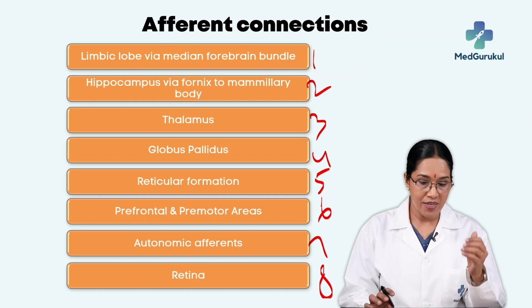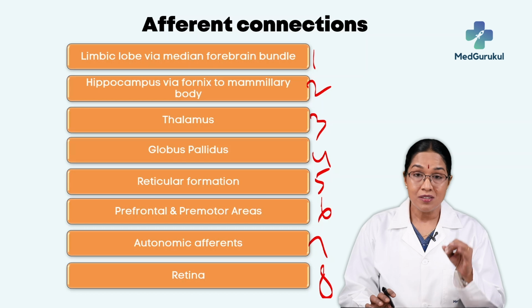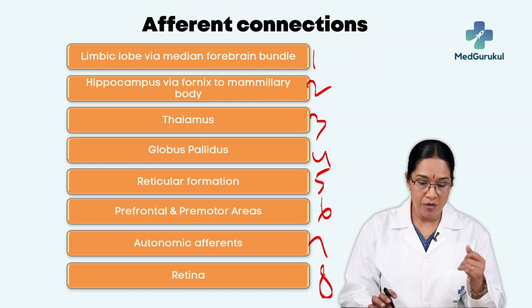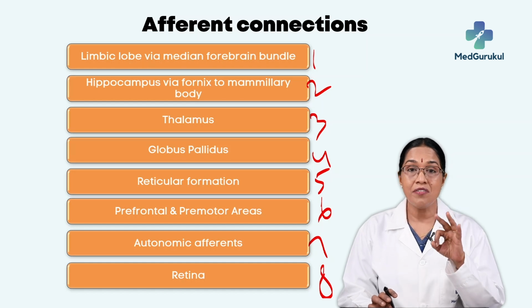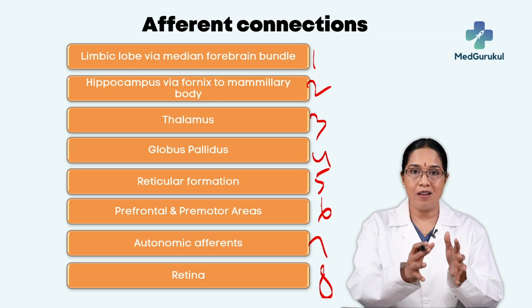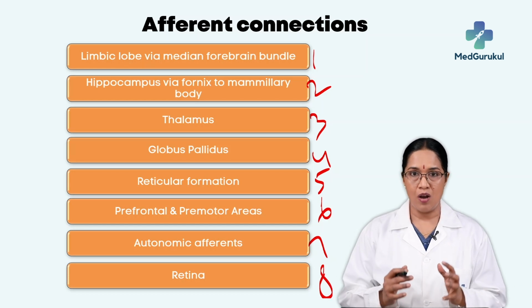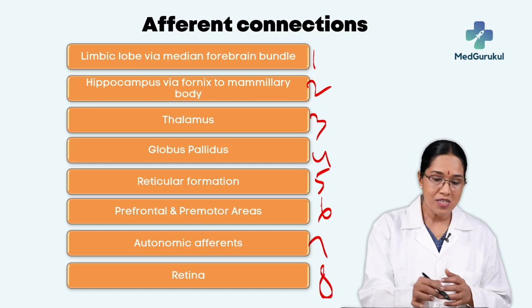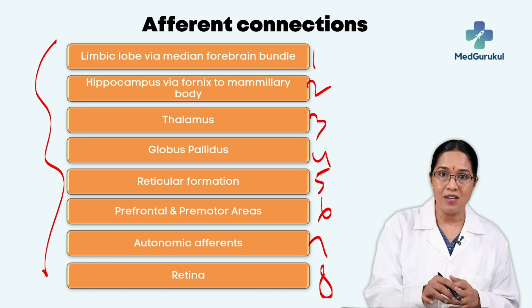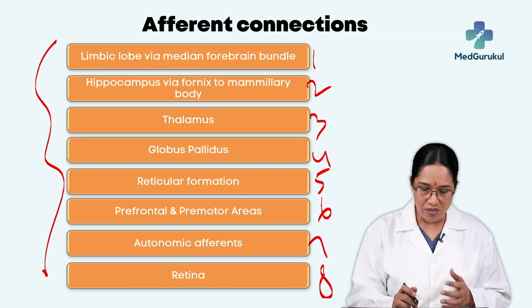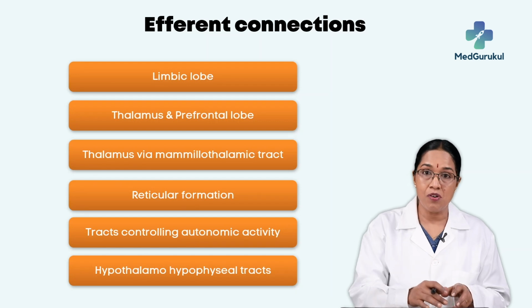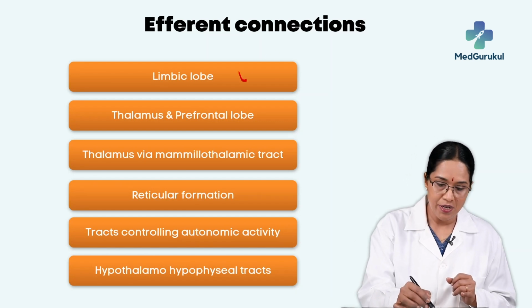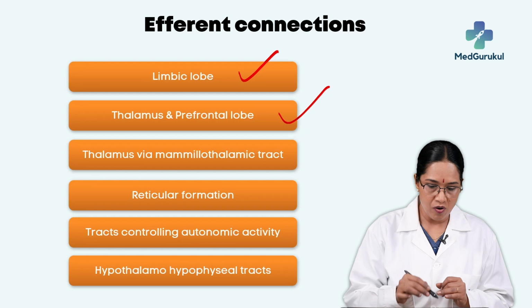So, let us go once again: limbic lobe, hippocampus, thalamus, globus pallidus, reticular formation, prefrontal area and premotor area, autonomic afferents, and retina. So, totally from 8 areas, the hypothalamus receives its afferents. Now, once the hypothalamus receives inputs from all these areas, it is going to process them accordingly. It is going to send efferent connections to the limbic lobe, thalamus and prefrontal lobe.